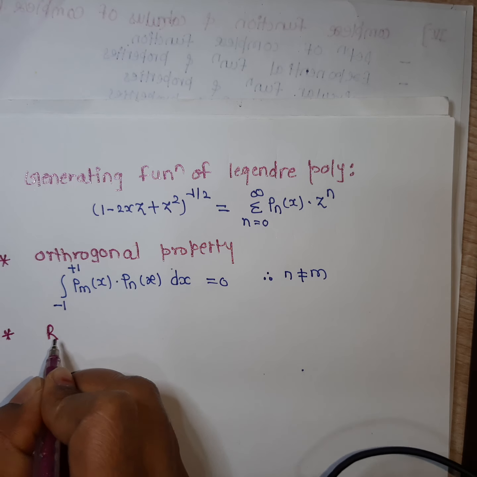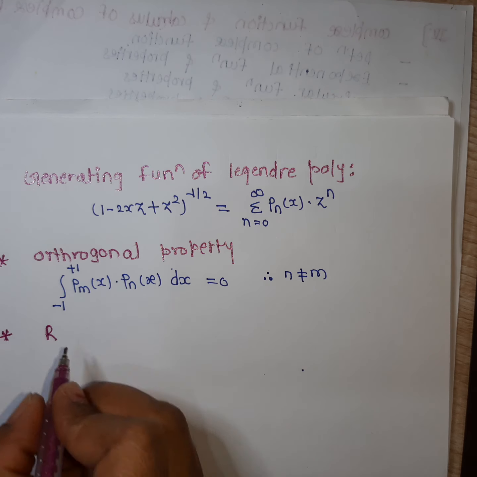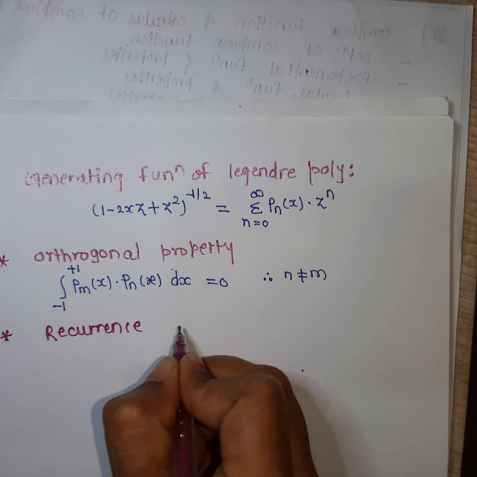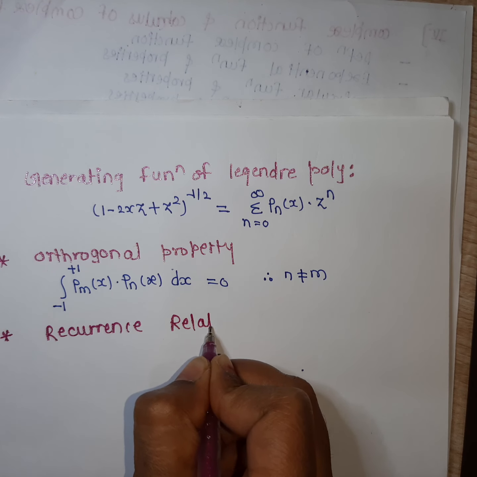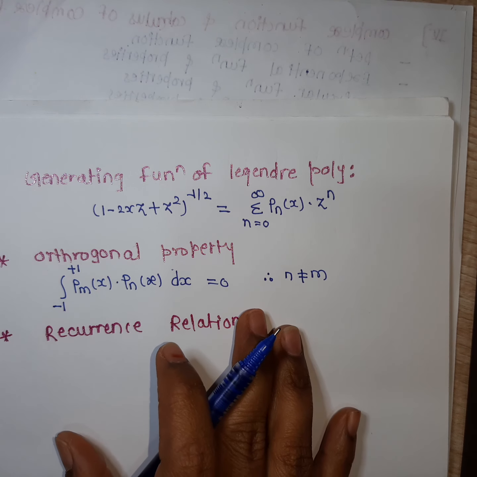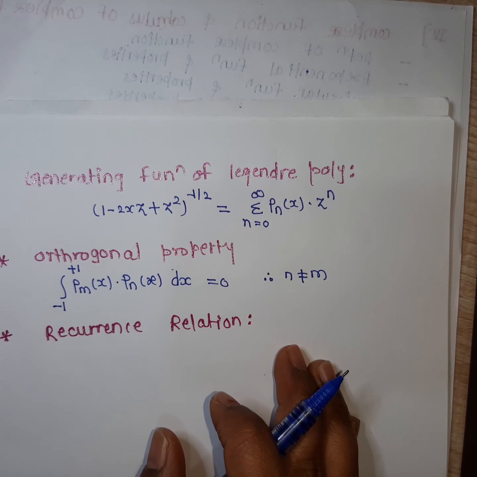After that, write down the recurrence relation. Recurrence relation for the Legendre polynomial. There are 6 recurrence relations.